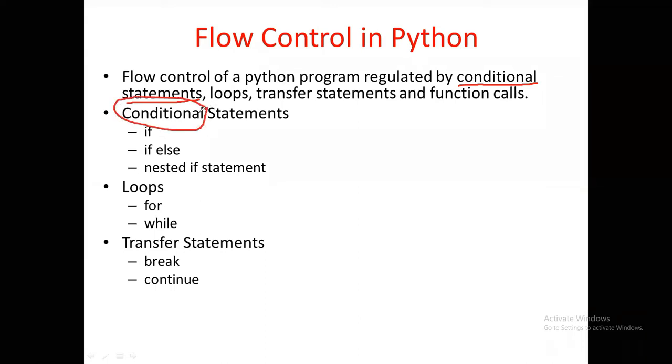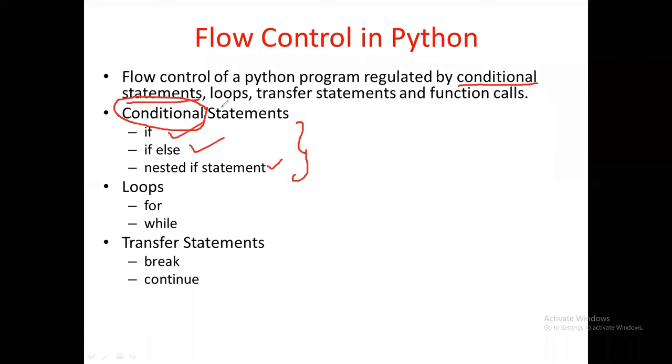If the condition is true, you execute some group of statements, otherwise you execute other statements. It is condition-based execution. In Python we have three conditional statements: if, if else, and nested if.